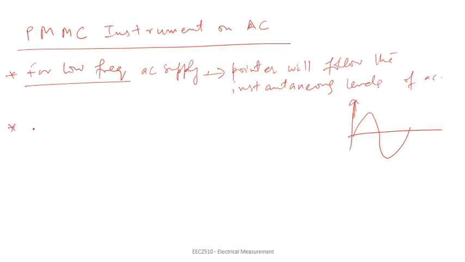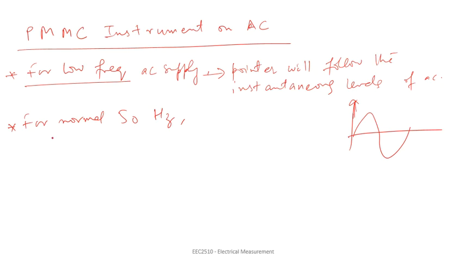But if we talk about normal frequencies, for normal 50 hertz frequency or higher frequencies, what will happen is that the damping mechanism of the instrument and the inertia of the meter movement will prevent the pointer from following the changing instantaneous level.